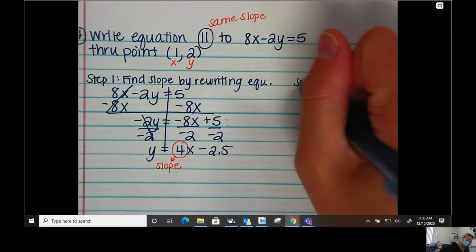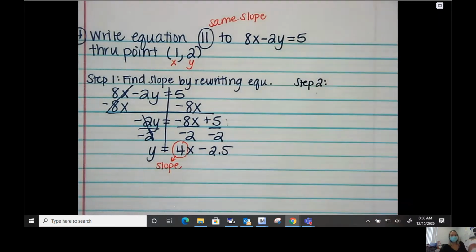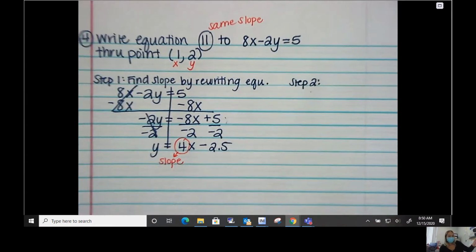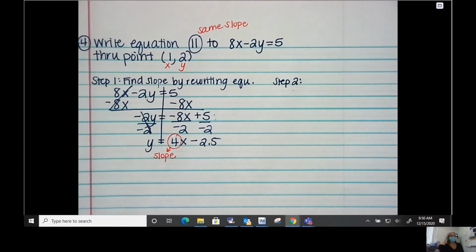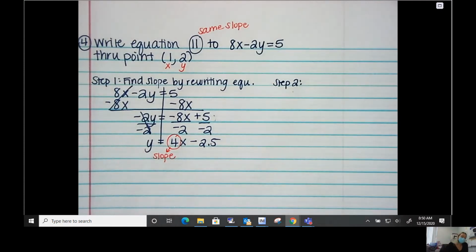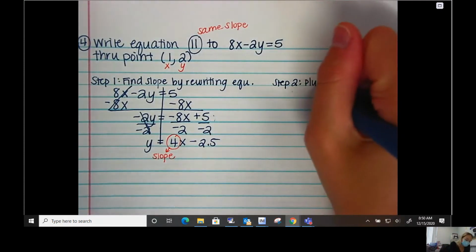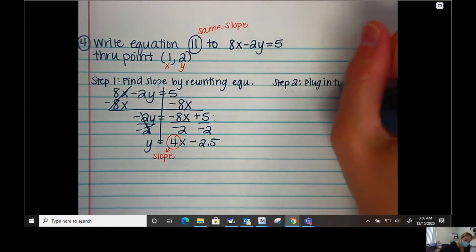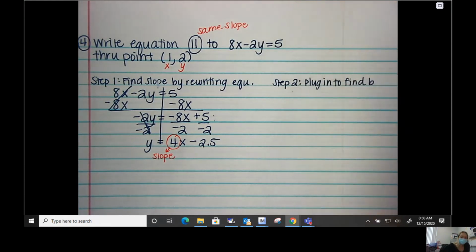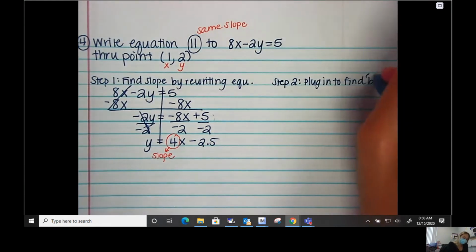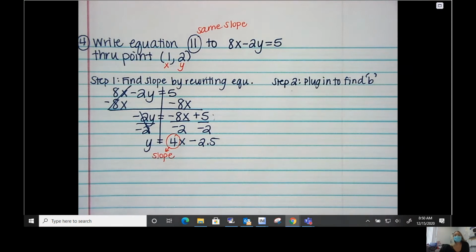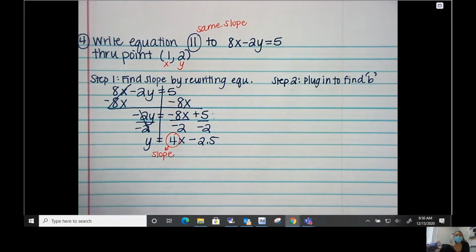So my step 2, I'm going to do right next to it. After I found my slope, my step 2 is to plug in to find b.